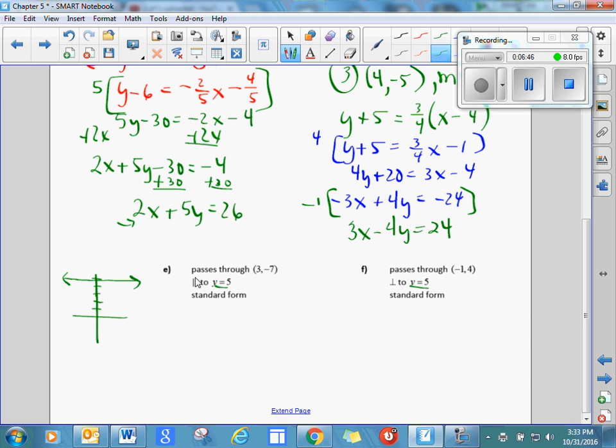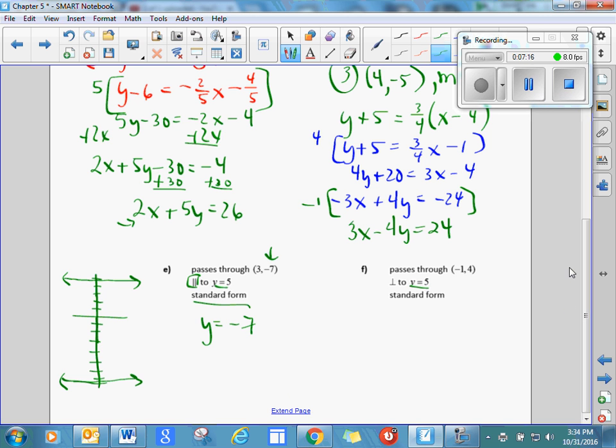Well, the line that we're going to create is going to be parallel to it, so it is also going to be crossing through the y-axis. However, it's going to cross through at negative 7. Here's our new line. And in standard form, any kind of form you want to write it, it's y equals negative 7.